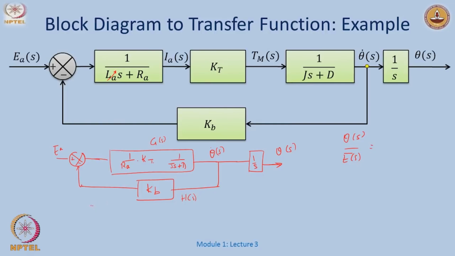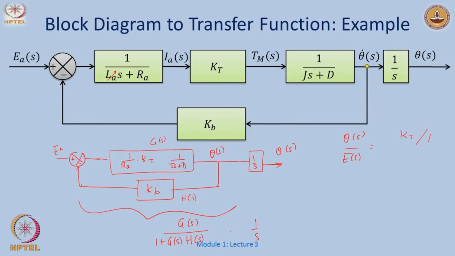So my overall block here would look like g of s over 1 plus g of s h of s, and then this would be multiplied by 1 over s, and I can just write down the final expression, a straightforward computation.